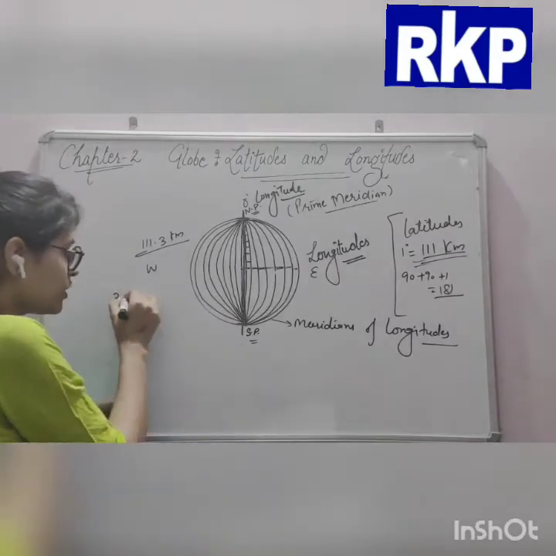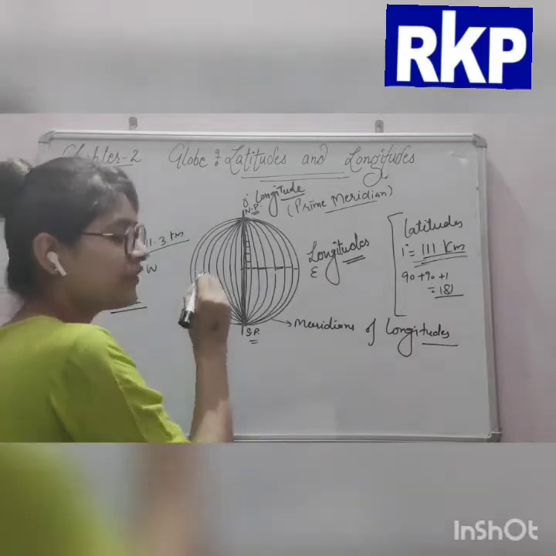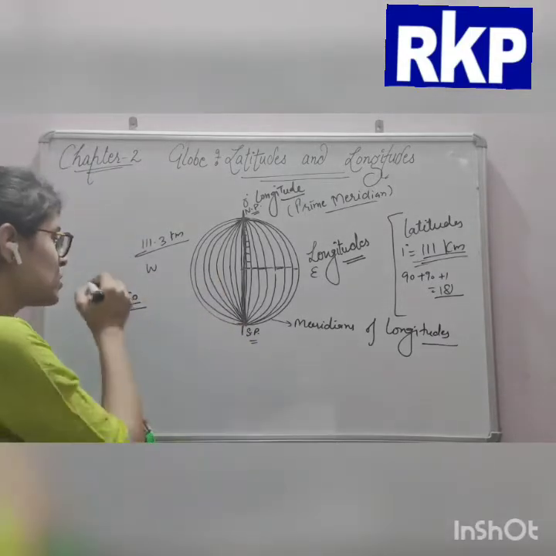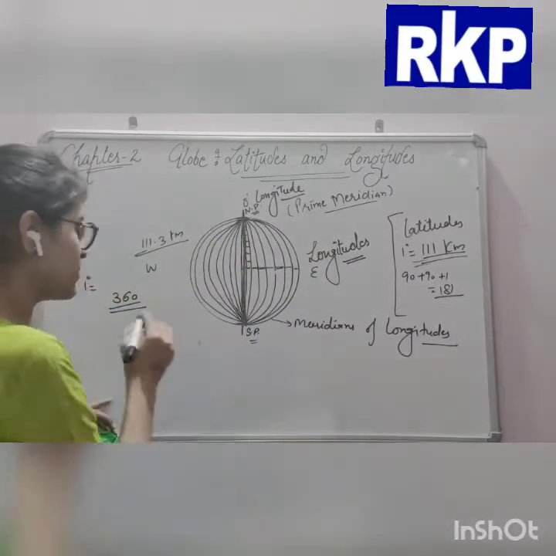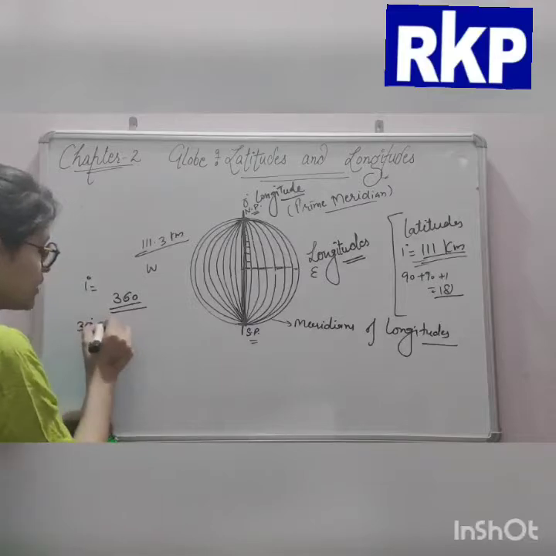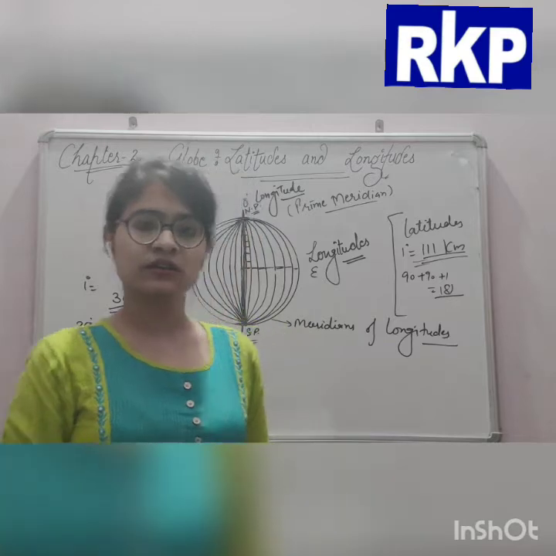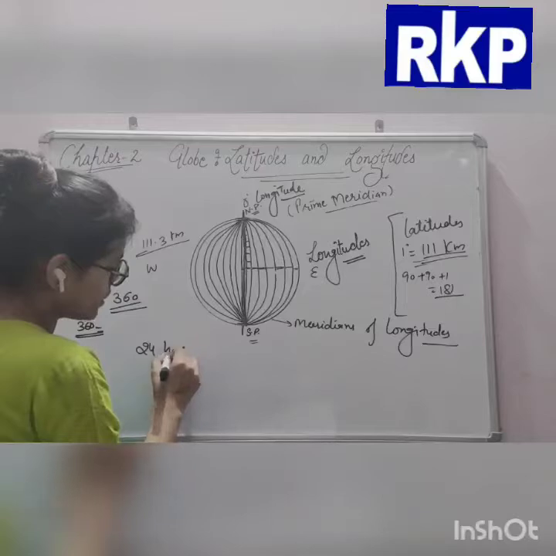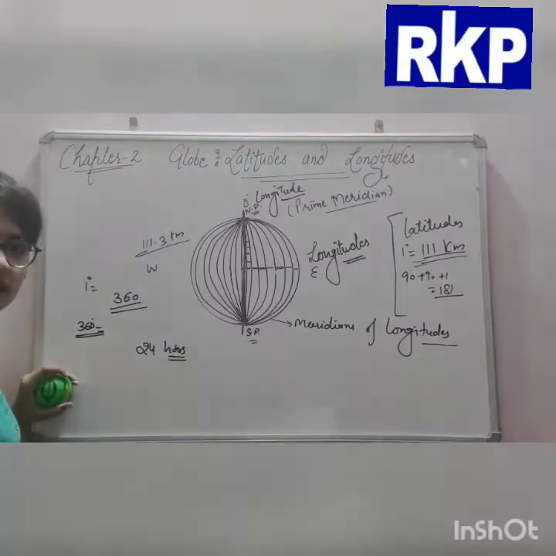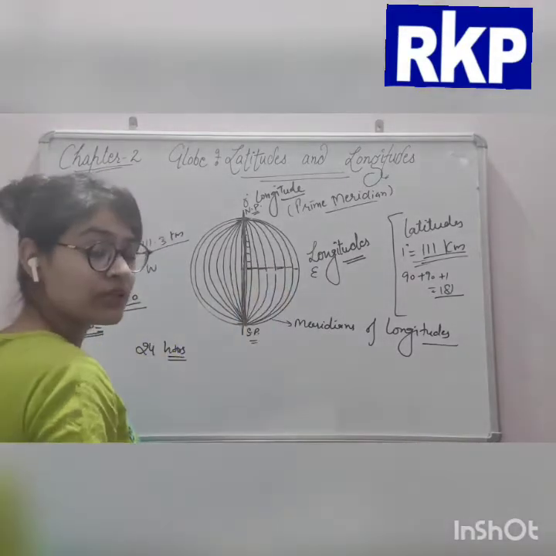How many total longitudes are there? There are 360, and the distance between them is 1 degree. How many degrees is a circle? That will be 360 degree. Now we know that our Earth rotates and completes one rotation in 24 hours. So 1 degree is equal to how many minutes?